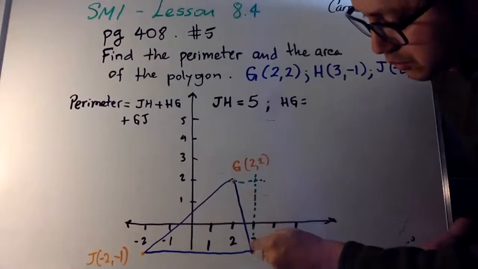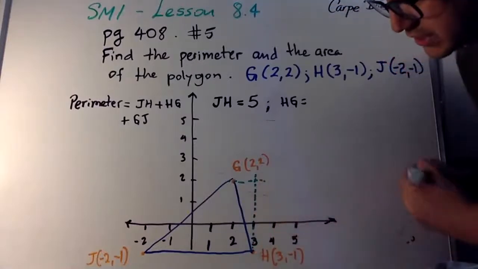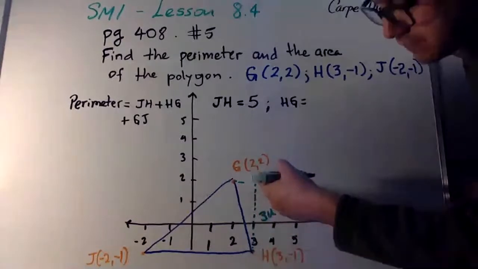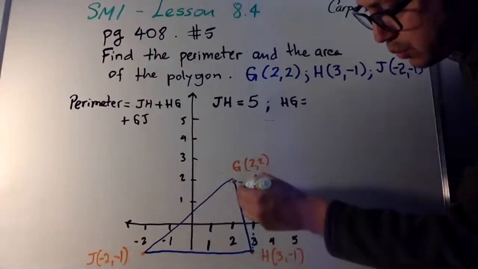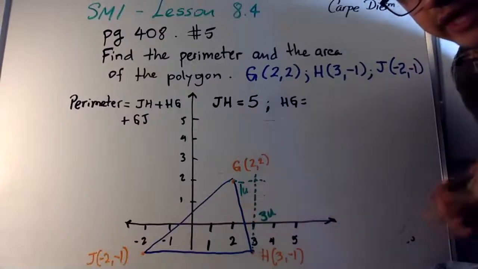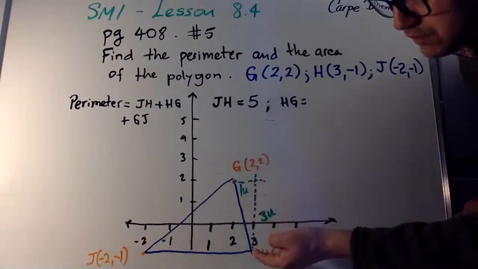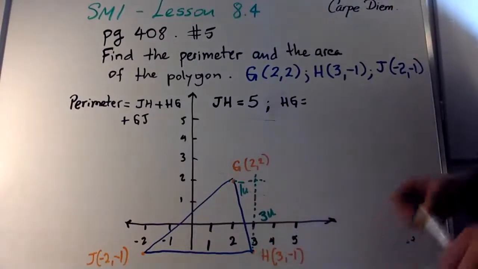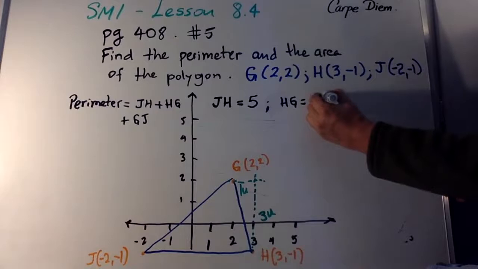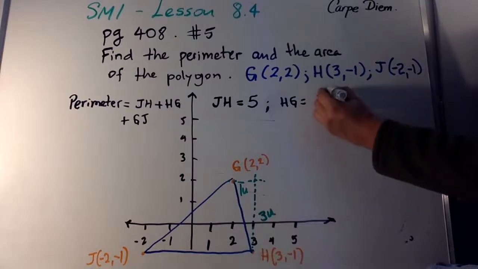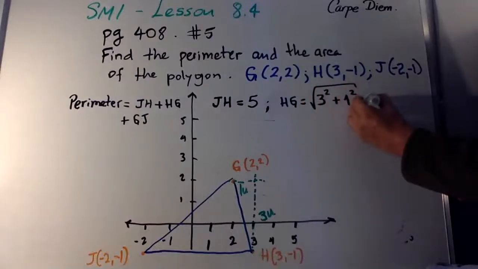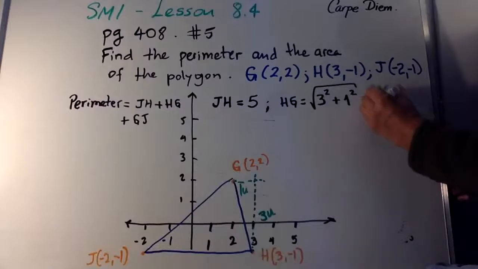So I have to go 1, 2, and 3 units up, from this point to this point, but then from here to here is just one unit to the left, okay? So I'm going to write them here. 3 units up, and then I square it, plus 1 unit to the left, I square that, and then I have to take the square root of this. And this is going to be the square root of 10.